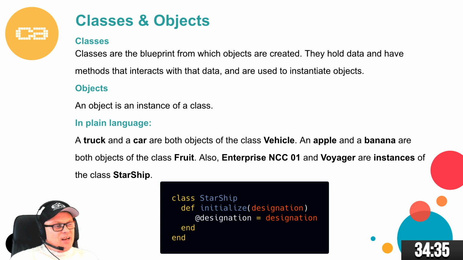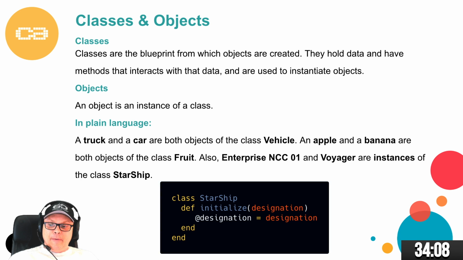Because these classes could be fairly abstract, actually. An apple and a banana could be objects of the class Fruit, and then you can derive from that. And also, since I'm a Star Trek fan, being a nerd as I am, Enterprise and Voyager are instances of a class that could be named Starship, right?